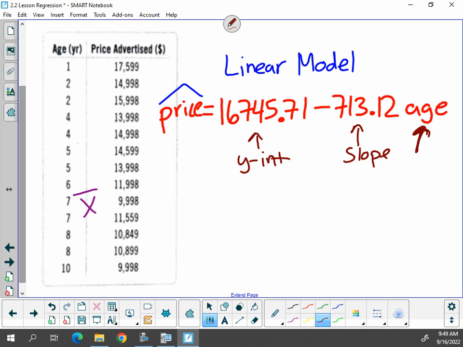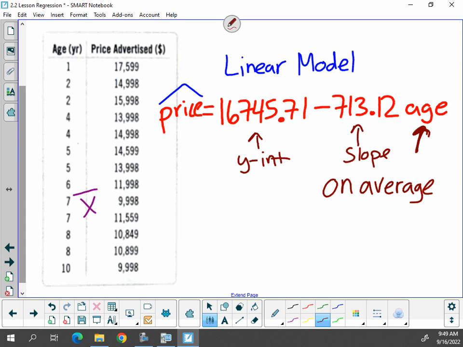So we could say on average. So our slope means that on average, as a car ages 1 year, it loses $713.12 of its value.